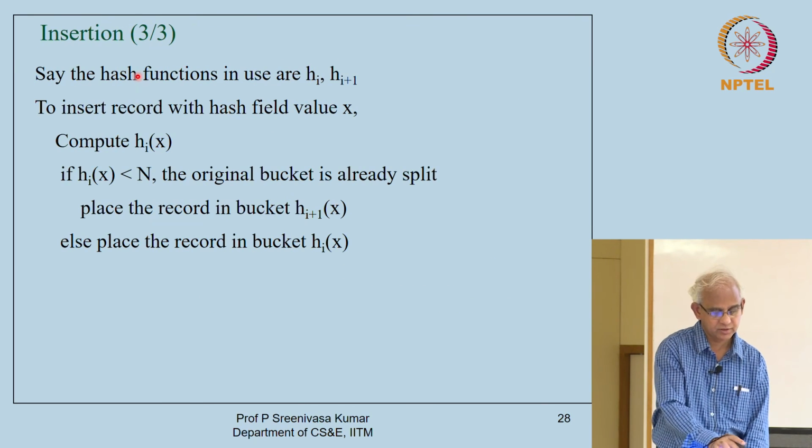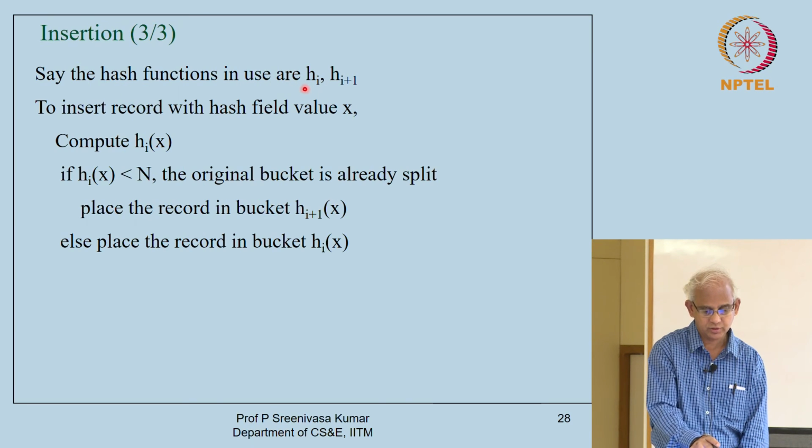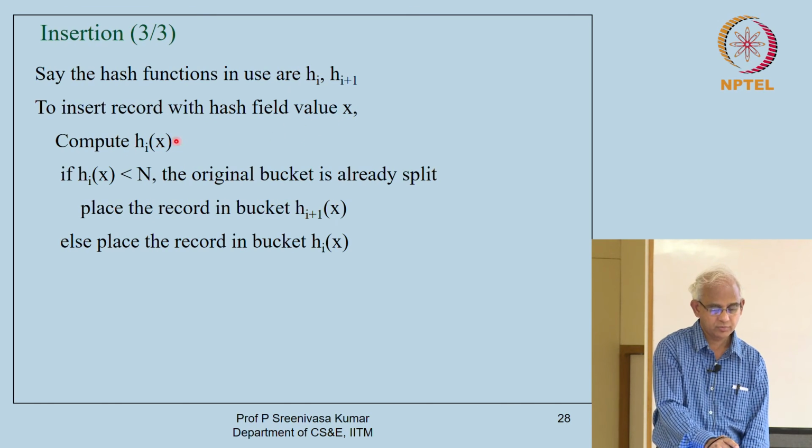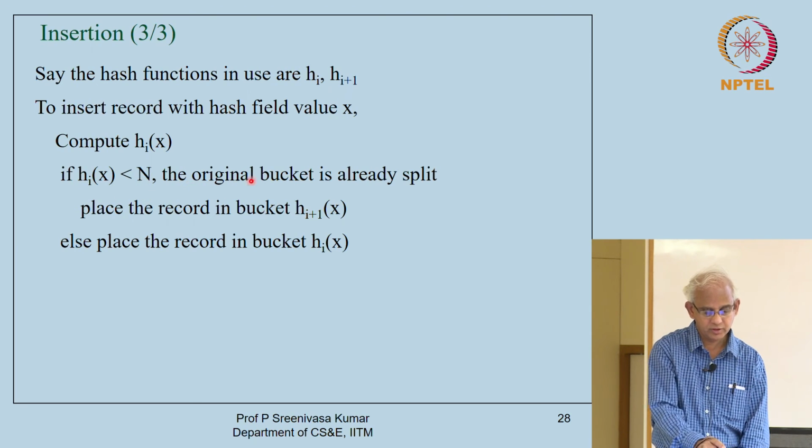Here is the actual insertion algorithm. Say the hash functions currently in use are h_i and h_{i+1}. To insert a record with hash field value x, we first compute h_i(x). If h_i(x) is less than n — what is n? n is the next bucket to be split; we always maintain this number — then the original data bucket is already split.